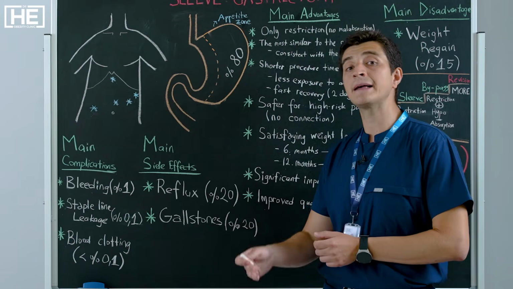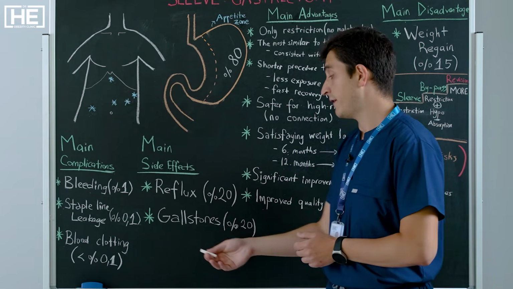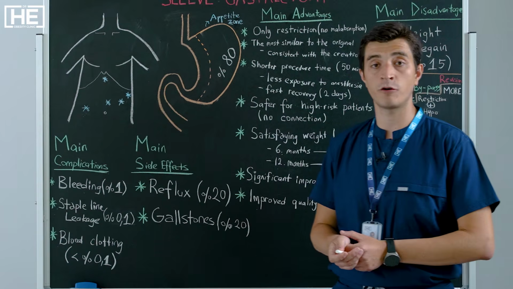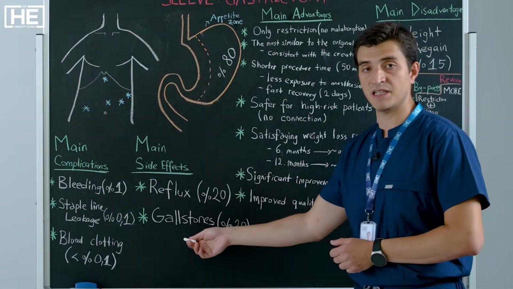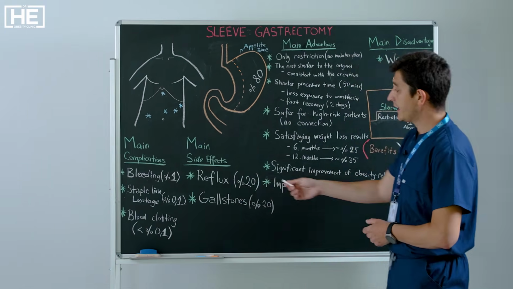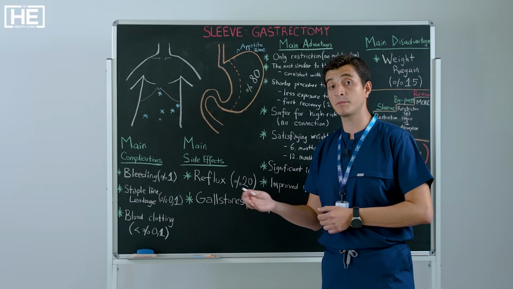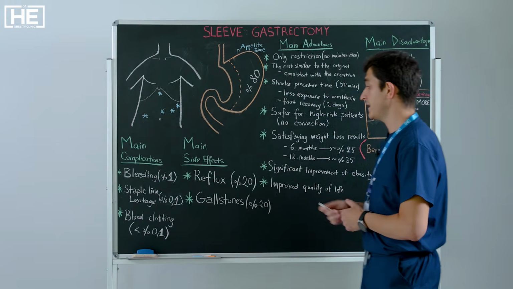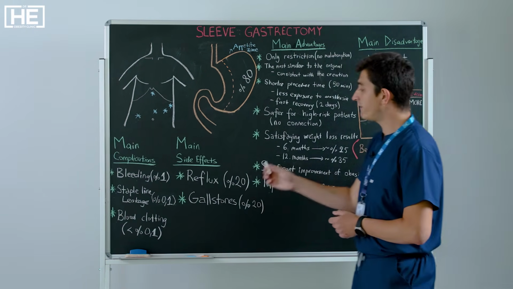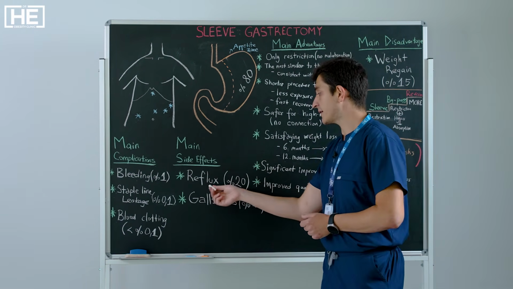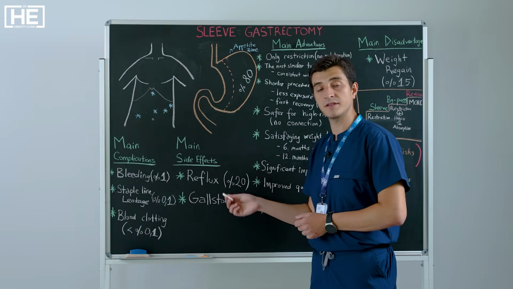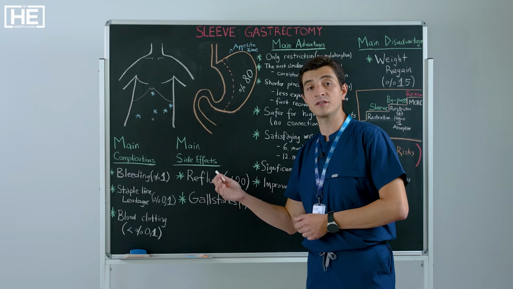So bypass patients have more gallbladder stone formation risk. This is not a specific risk for gastric sleeve. And reflux symptoms can be managed with stomach protector pills. I want to add this information. Only 1% of the reflux patients have a requirement for additional surgery.